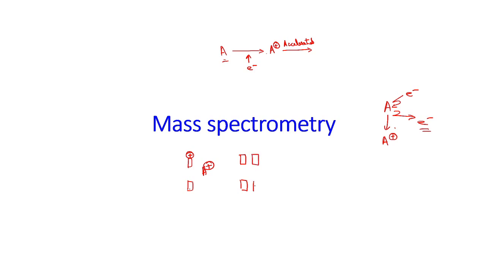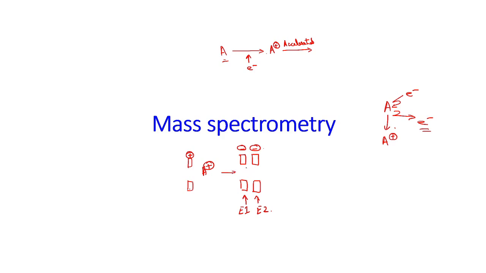In fact, a set of two electrodes, electrode 1, say E1, and E2. So the potential of E2 is greater than the potential of E1. Since it is negatively charged, it will be attracting these cations through it.